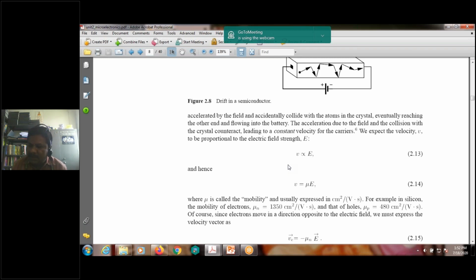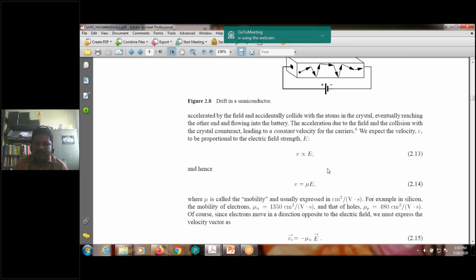In last class, we discussed transport of carriers in semiconductor materials. We already completed drift current. There are two mechanisms. One is the drift mechanism, and the second is the diffusion mechanism.